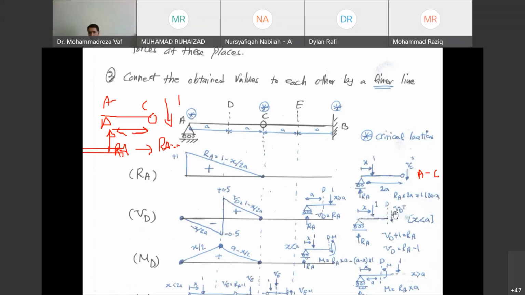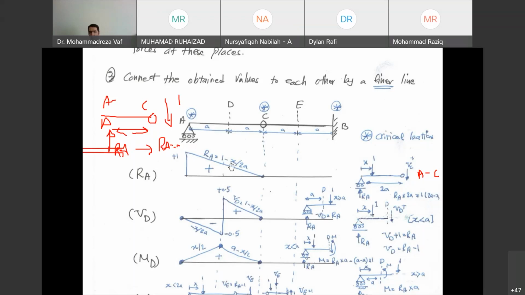If you look at this free body diagram and write down sigma of y equals 0, that means RA minus 1 minus VD should be 0. Or in other words, VD equals RA minus 1. So if you have the influence line of RA and subtract it from 1, you can get VD. This is valid only when the load is moving from A to D.